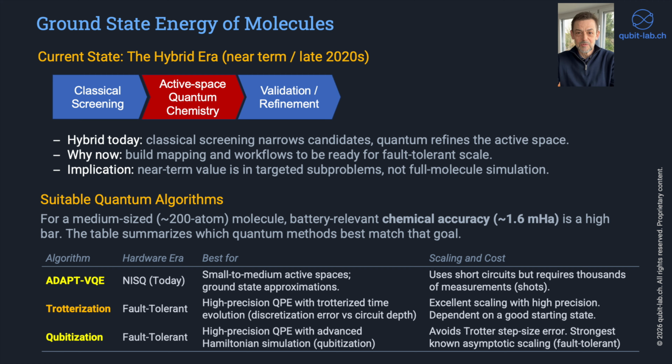The point is not full molecule simulation yet, but targeted subproblems where quantum can add signal. That's why VQE and Adapt VQE is the best fit for NISQ today. For fault-tolerant machines, you shift to high-precision phase estimation approaches. Trotterization is the older route but can get deep, while qubitization is the more advanced option with better asymptotic scaling and no trotter step size error.